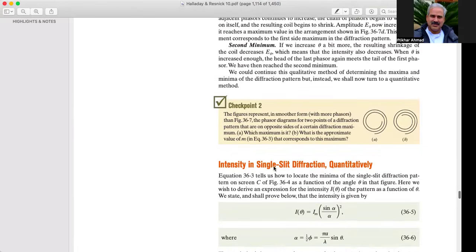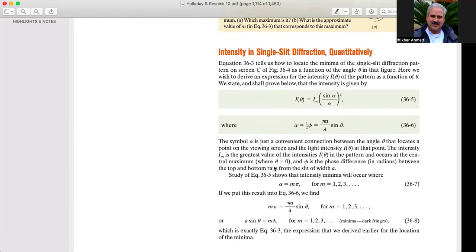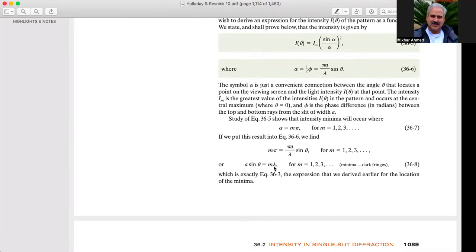One thing more I want to clarify here, which is very important, that usually we have in mind that when a sine theta is equal to m lambda, we generally consider this the criterion for what? For maxima, for bright fringe.